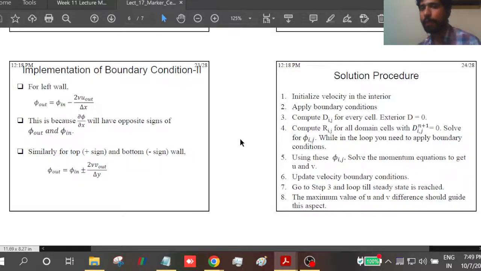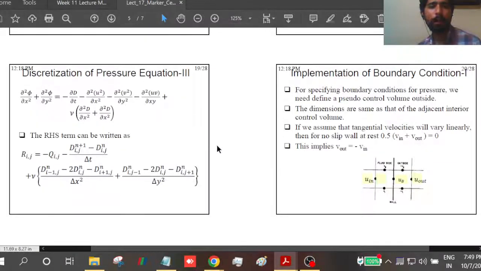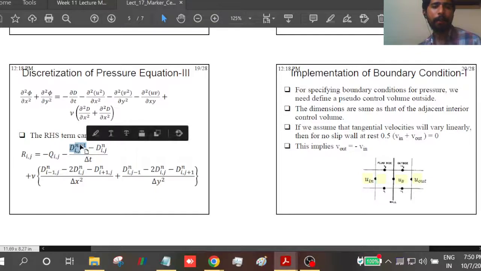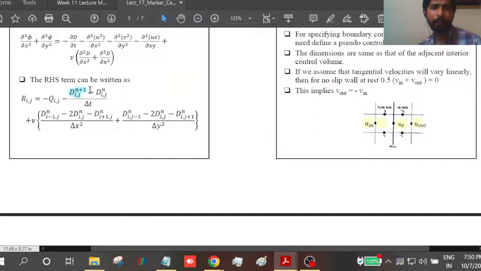In the next time step we intend to make it zero. That is why, whenever we calculate dou D by dou t, which comes in this pressure Poisson equation, where phi is nothing but pressure, we have D at n plus 1 time step, and this we make to be 0. That is the main thing which is done here. D at n plus 1 is made 0.